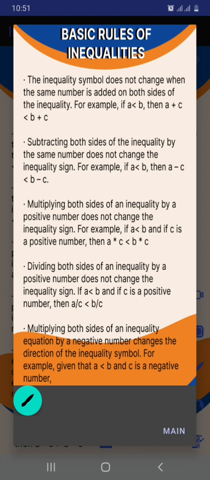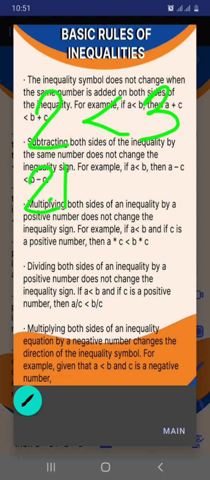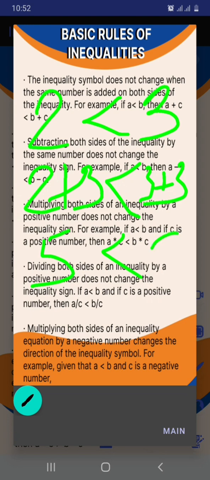Let's say, for instance, A being less than B, that is to say, 2 being less than 3. If I should add a particular number, let's say 3 is being added to both sides, 2 plus 3 will definitely be less than 3 plus 3. That is, 5 is less than 6.